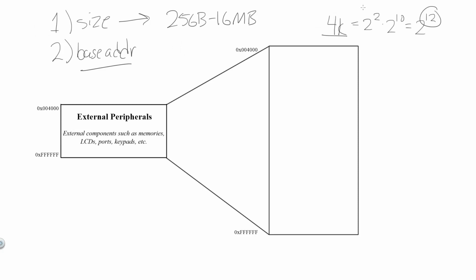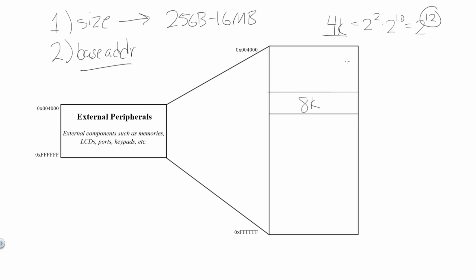The second limitation of the base address is that it must be on a boundary that is equal to or greater than the size of the desired address range. For example, if I wanted to add an 8K device to the memory map, I would need to ensure that its base address is on at least an 8K boundary.